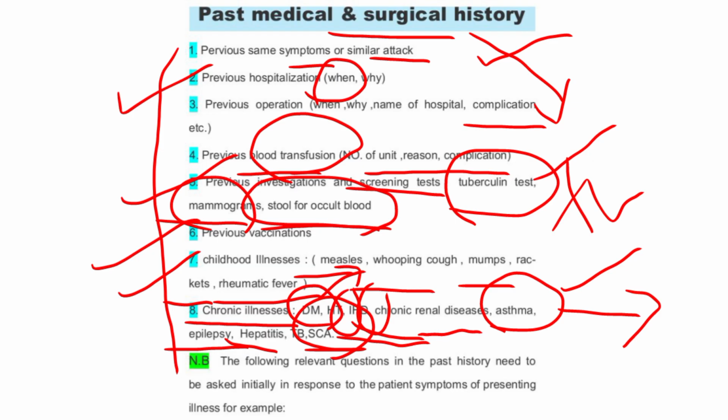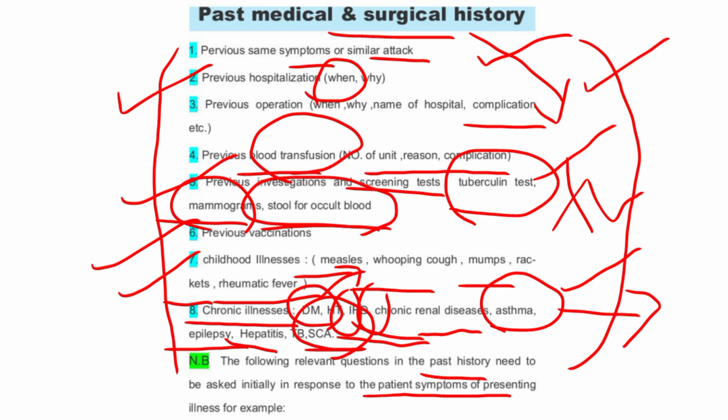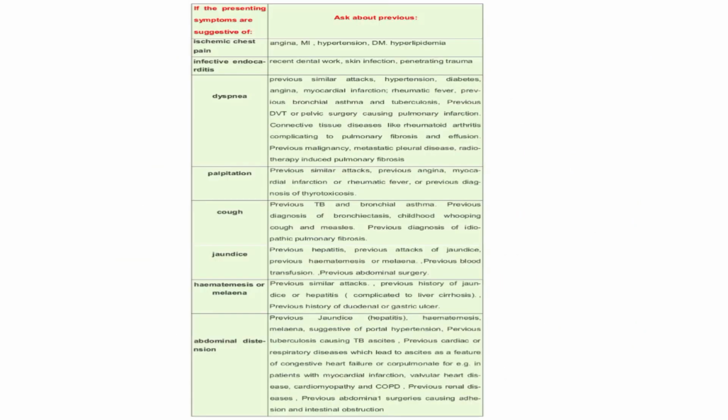The following relevant questions in the past history need to be asked initially in response to the patient's symptoms of presenting illness. This past medical and surgical history is very important to ask. You can ask this of the patient.